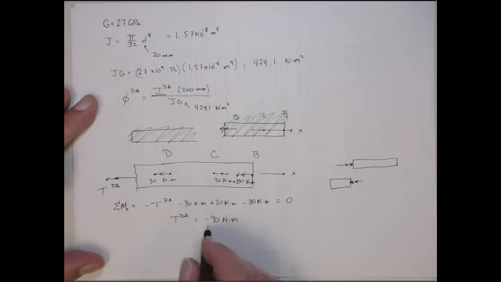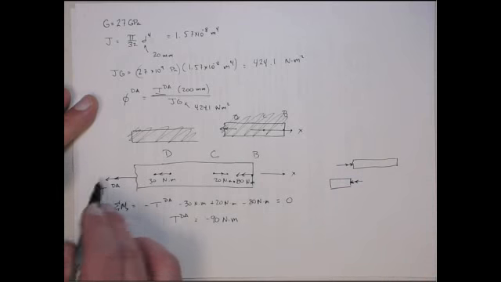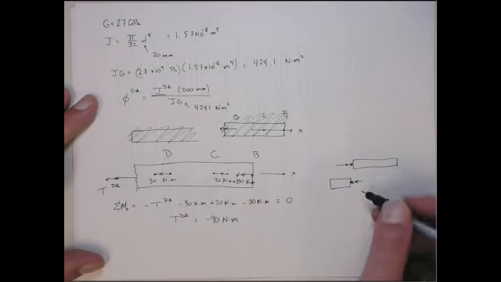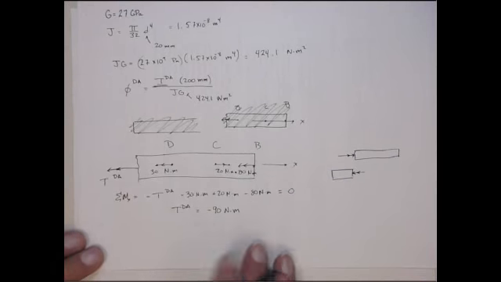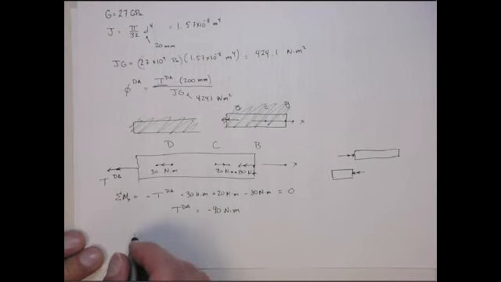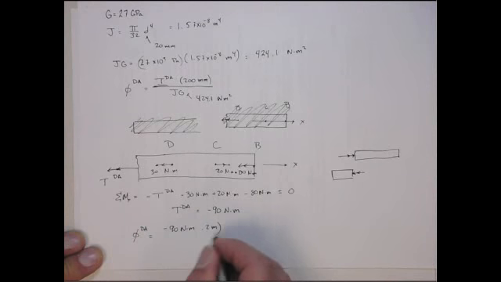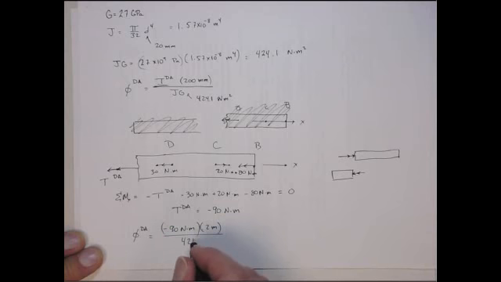So again, the minus sign comes out here because this is the way I drew the arrow. The reason I drew the arrow is because this is the positive sense for internal reaction torque, because it's on a negative facing face. All right. So if I do that, then when I put this negative value into the twist angle, phi, it's going to be negative 90 Newton meters times 0.2 meters over 424.1 Newton meters squared.